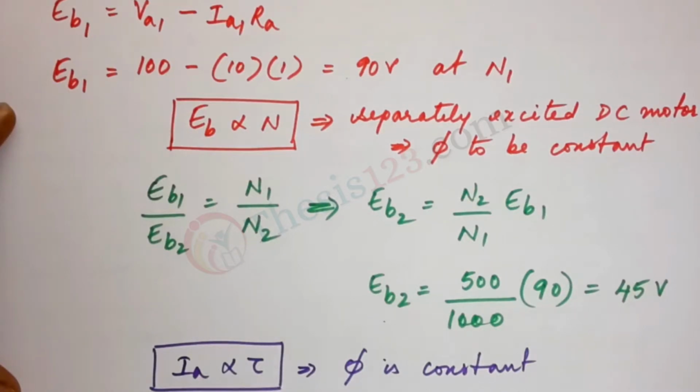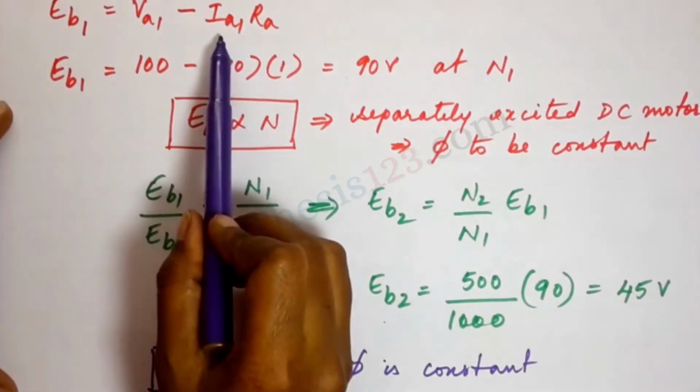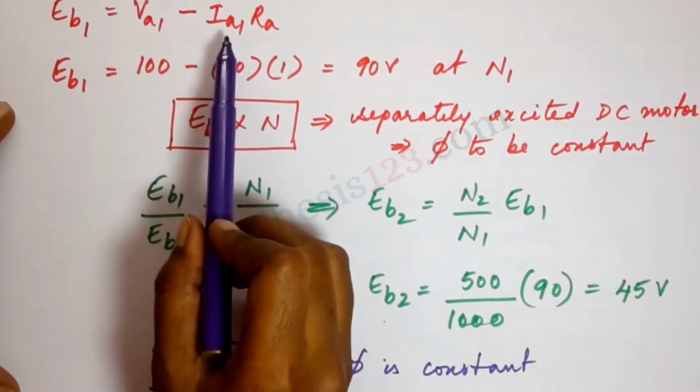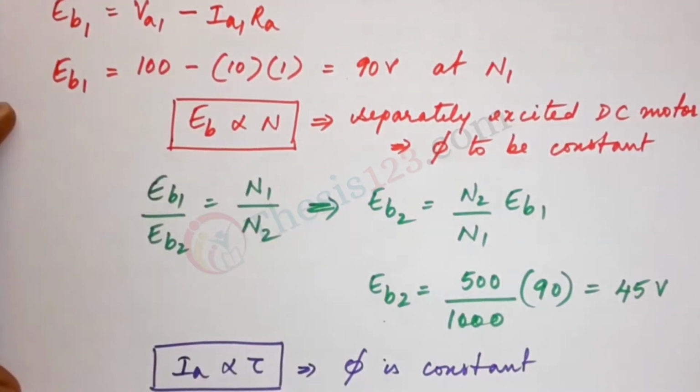Since torque is proportional to N square and since IA is proportional to torque, IA is proportional to N square. We have the value of IA1. In order to find out the value of VA2, we need IA2. So this is going to give us a second proportion. IA1 by IA2 is equal to N1 square by N2 square.